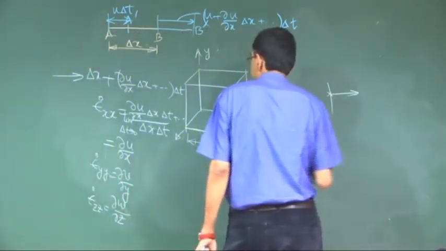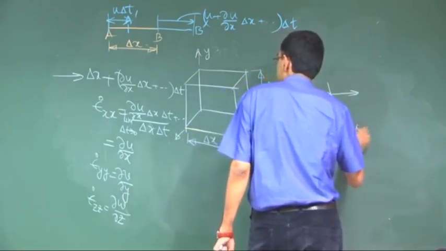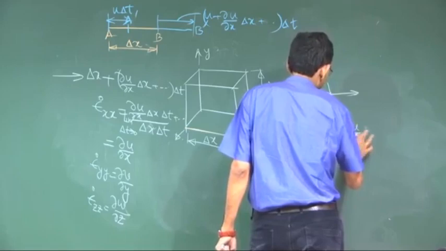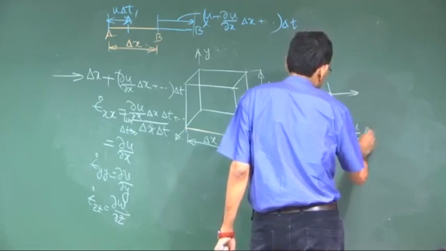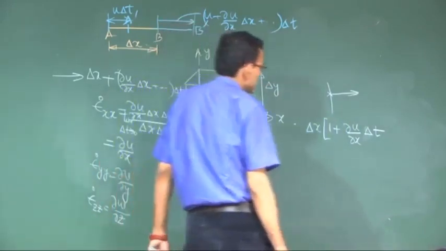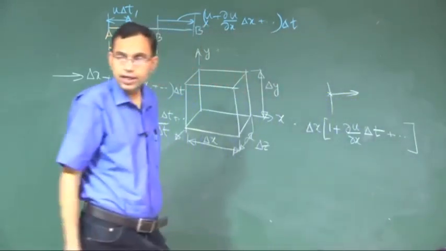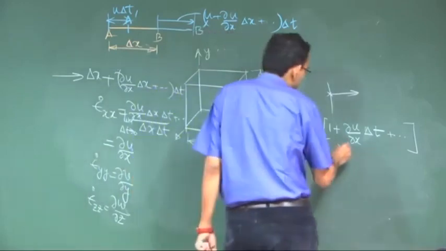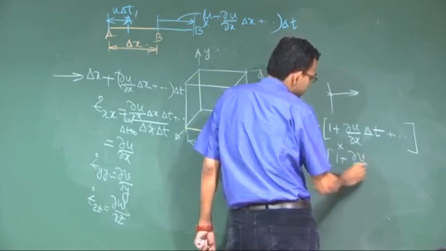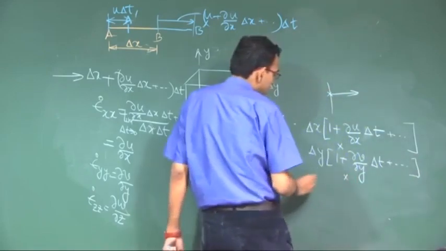New delta x is delta x into 1 plus the strain term, multiplied by new delta y, multiplied by new delta z.